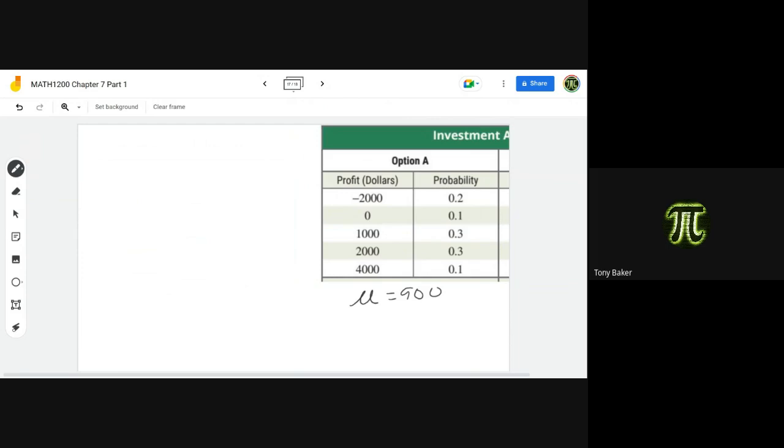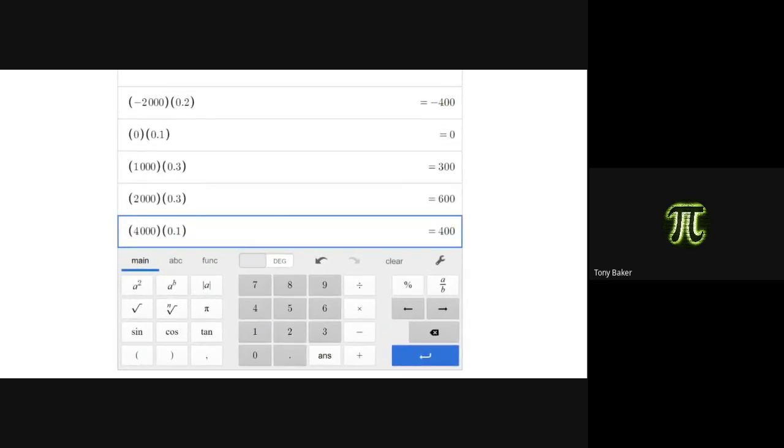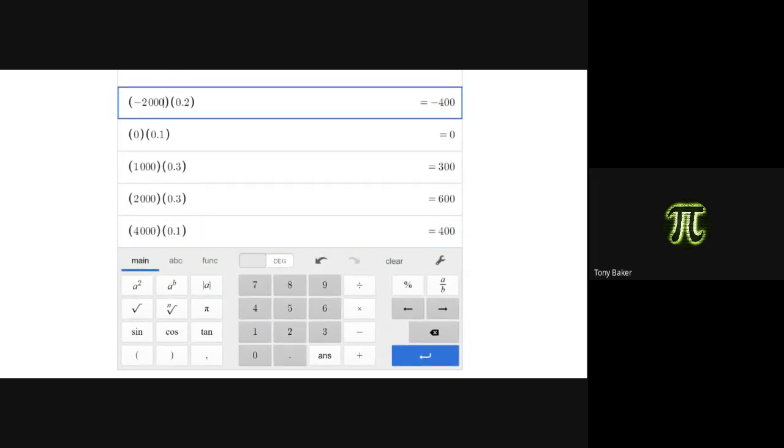Okay, so in Desmos, because we're going to use a calculator to make our lives a little bit easier, take each of the values and you subtract your mean. Because we want to find the difference between it and the mean. So minus 900, because A was 900.